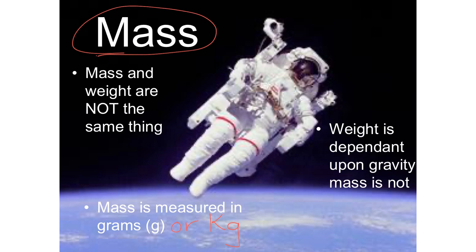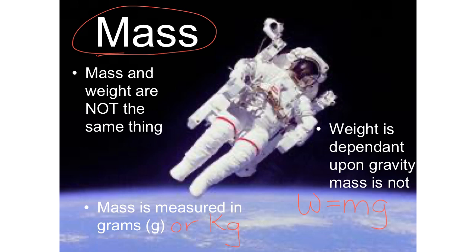Weight is dependent upon gravity. Next year when you take physics, you'll learn that weight is equal to mass times gravity. So that's why, on the moon, an astronaut would have a different weight, but they still have the same amount of mass. So mass is actually the preferred thing that we'll be using in science because it's more consistent.